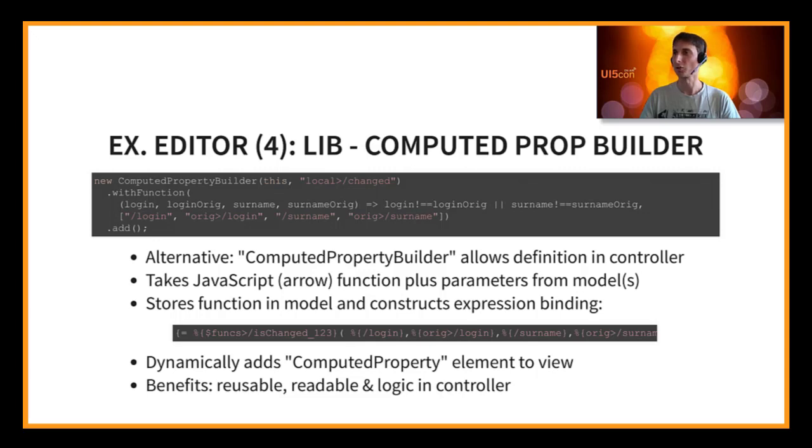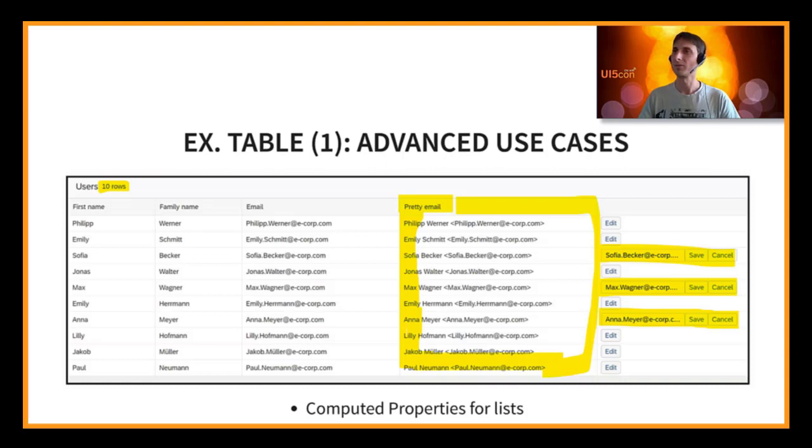But I'd like to show you another more advanced use case just to get an idea what you can do with computed properties. So consider this. We have a table here that just shows some list data. This data is from a model that contains an array of elements, and each element consists of a first name, family name, and email.